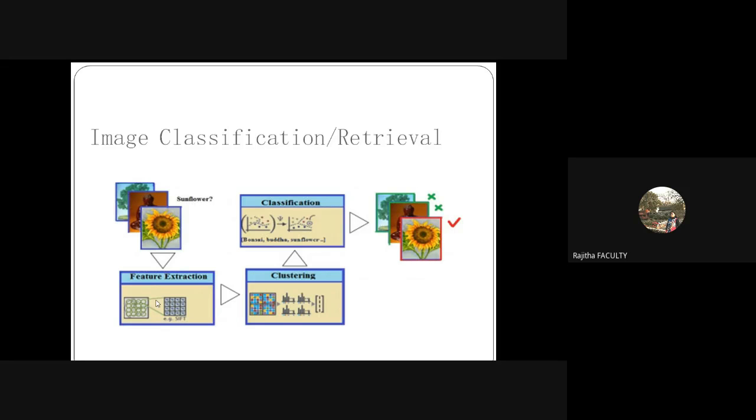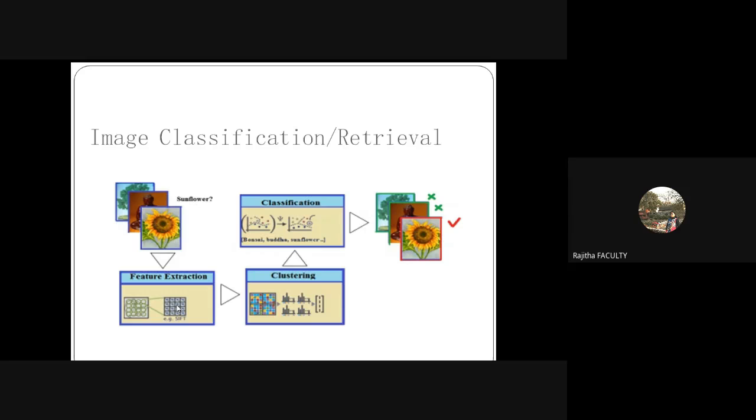Now, once a feature vector is ready, if the size of the image is M cross N, the features of that image would be P cross Q, where P and Q will be very small values like 10 or 50, less than 50.